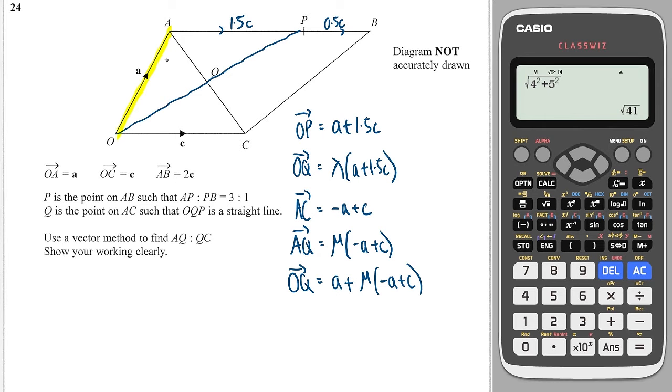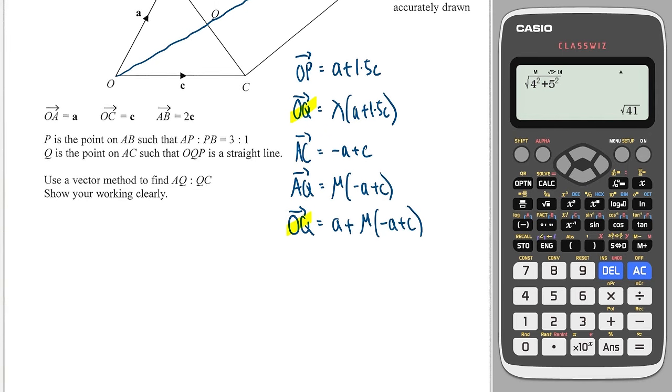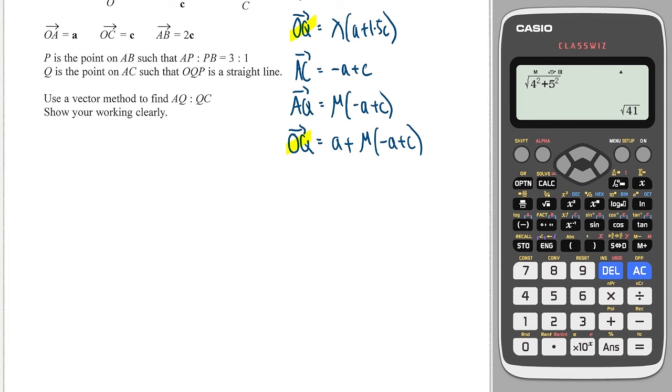We've got two expressions for OQ. So we can equate them. So this tells me that lambda a plus 1.5c is equal to a plus mu minus a plus c.